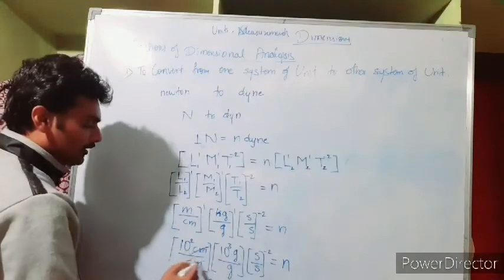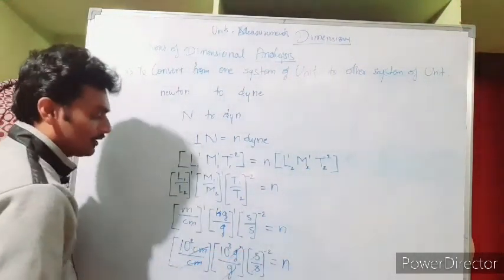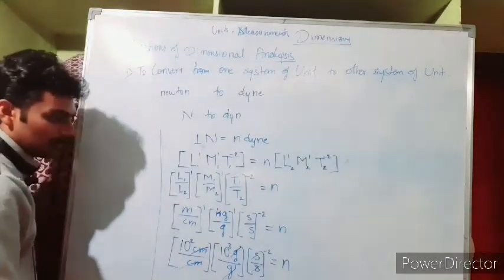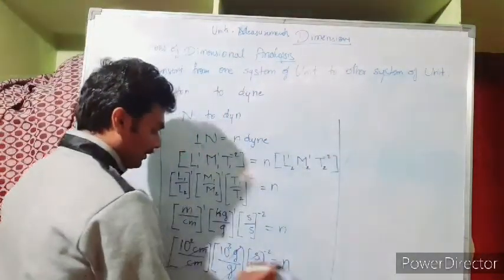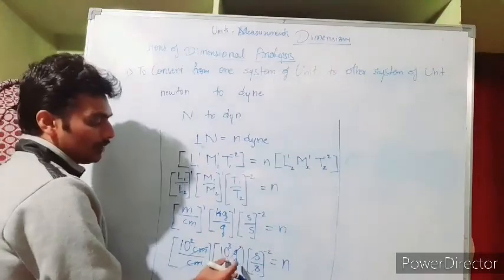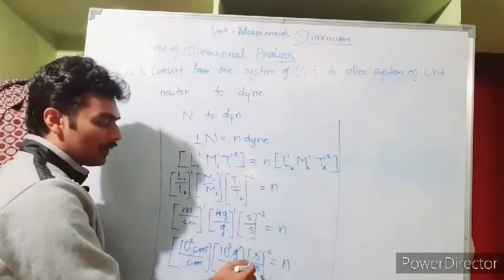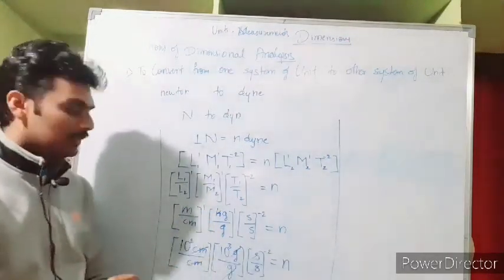So centimeter cancels, gram and gram cancel, second and second cancel, and what we are left with is 10 to the power of 2 here, and 10 to the power of 3 here. Both s and s got cancelled, only 1 is left. 1 to the power of anything is 1 itself.